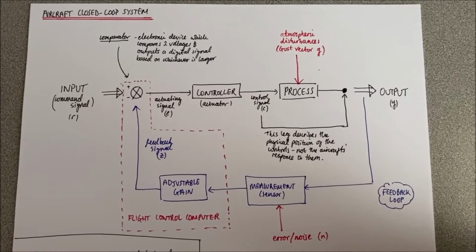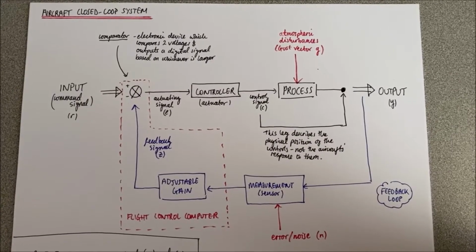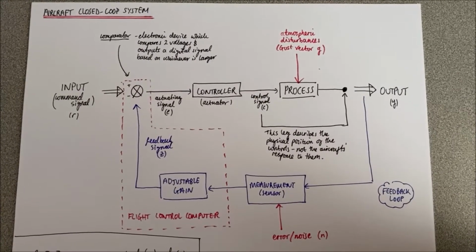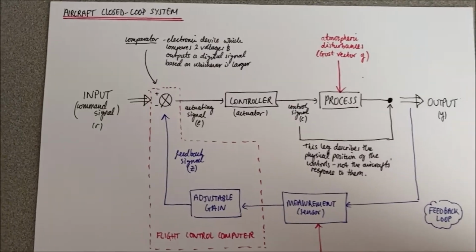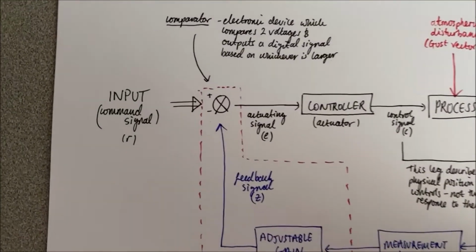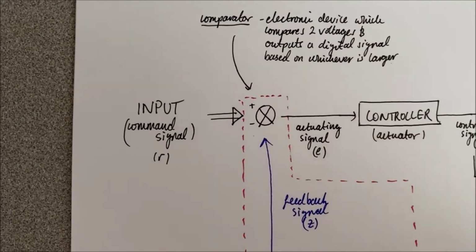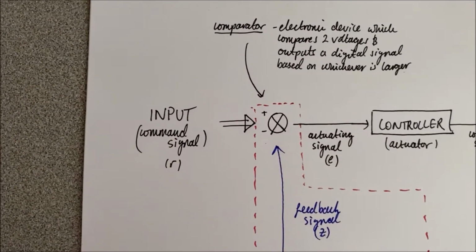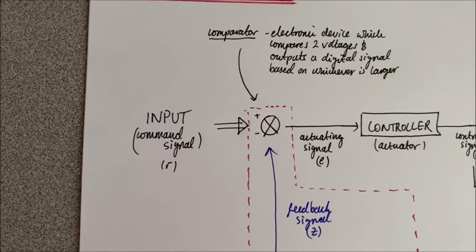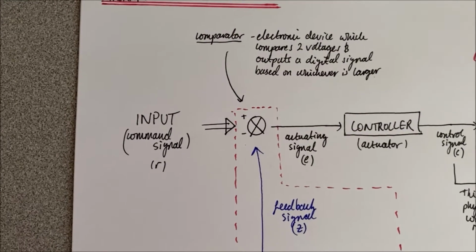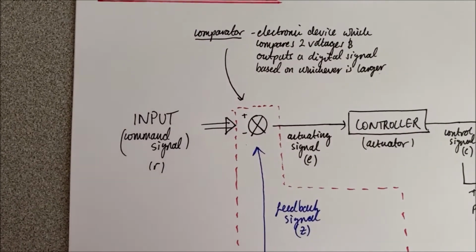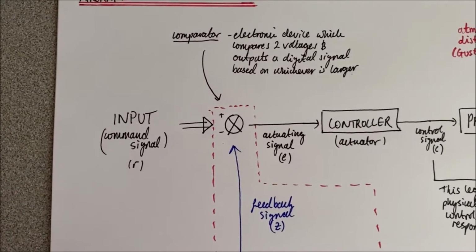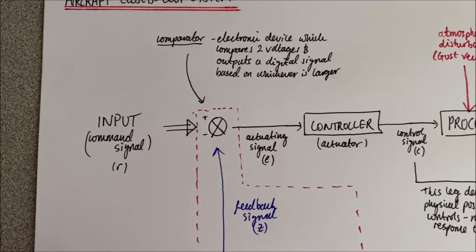So here you can see is a sketch or a schematic of a closed loop system for an aircraft. We'll start over here with the input or the command signal. That's given the notation little r if we're considering vectors, right? And this is input to what's called a comparator.